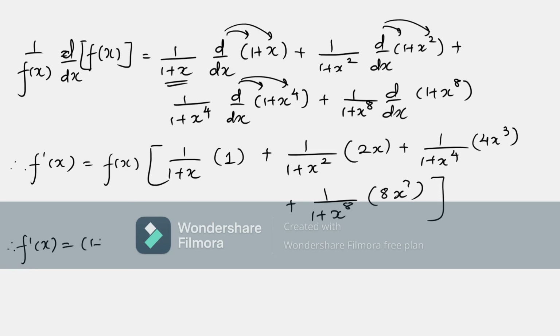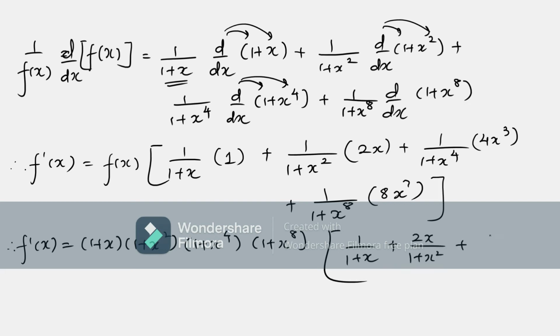Now we can substitute f(x) as well: 1 plus x square, 1 plus x to the power 4 and 1 plus x to the power 8. Let us write the answer: 2x upon 1 plus x square plus 4x cube upon 1 plus x to the power 4 plus 8x to the power 7 upon 1 plus x to the power 8. And this is the answer.